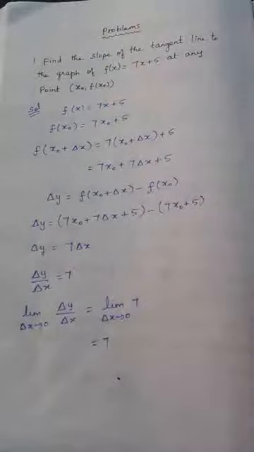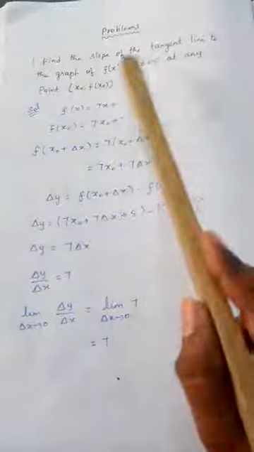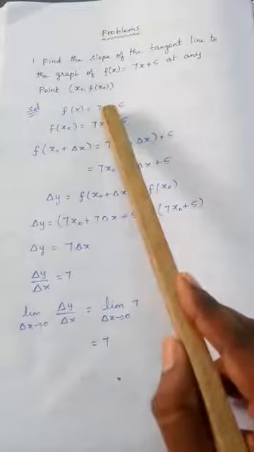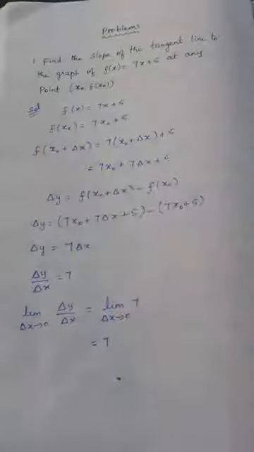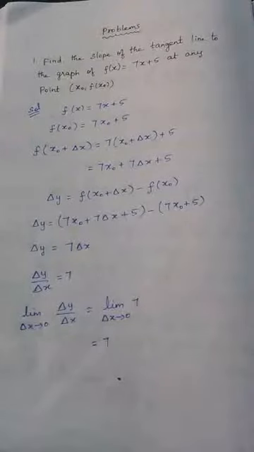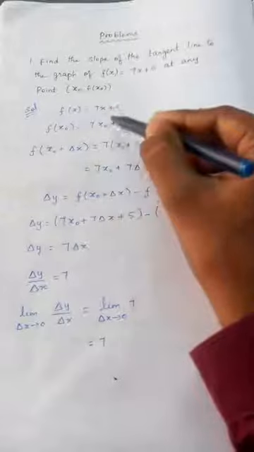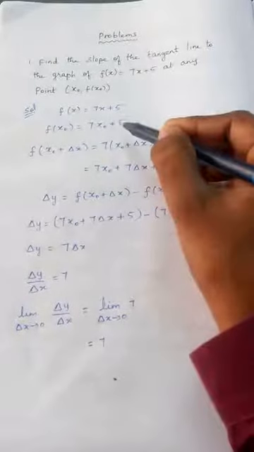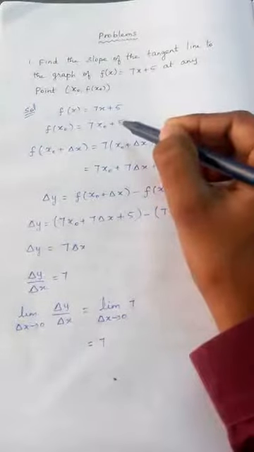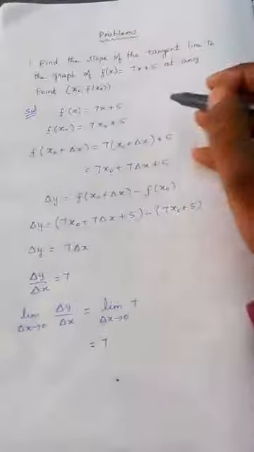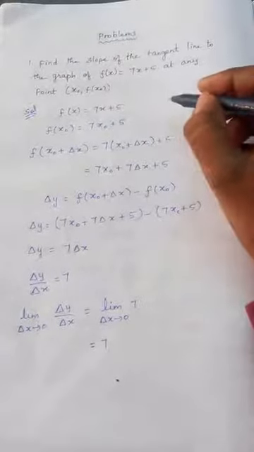So just keep the formula that we studied in the previous page. This is given f of x. Try to calculate f of x0, which means just replace x by x0: 7x0 plus 5, right? Because what the formula says, I'll write the formula here. What is the formula that we know?